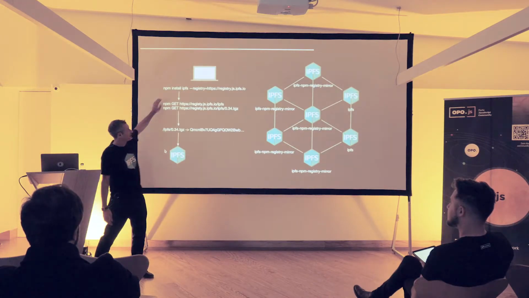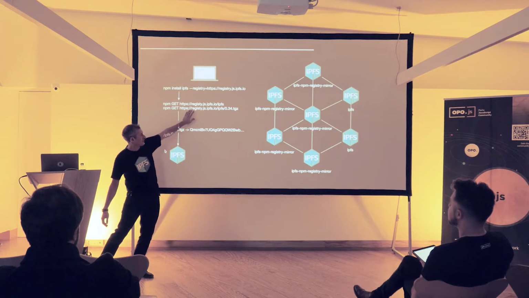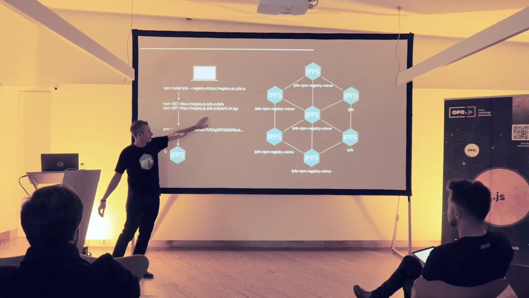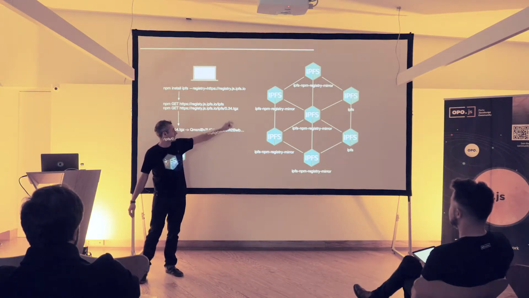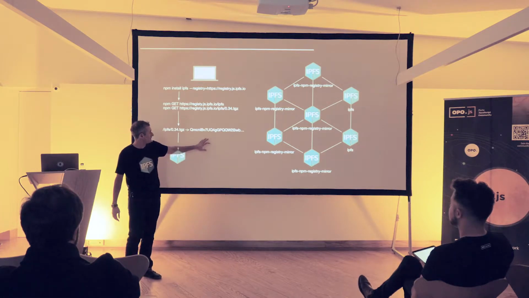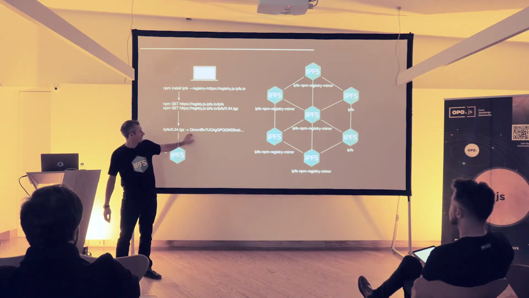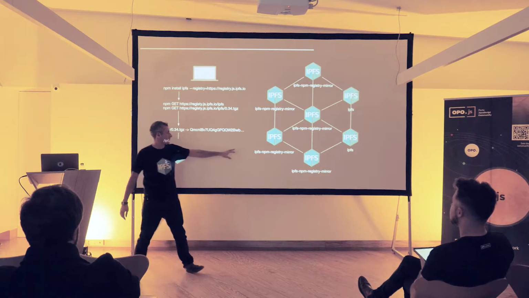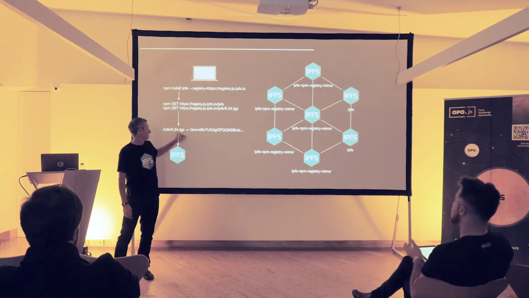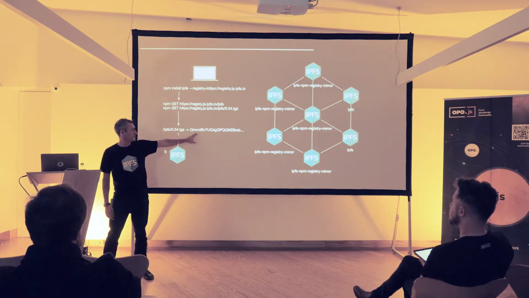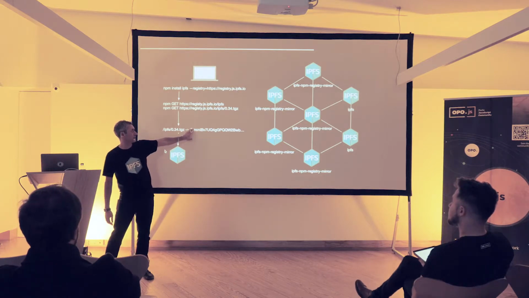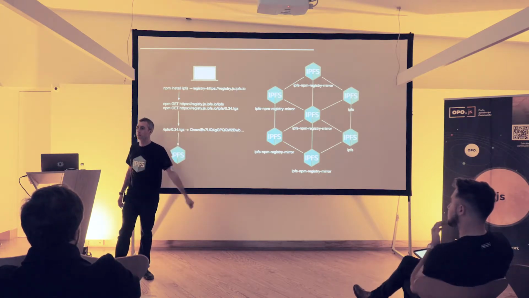So the user installs something, they make some requests for these URLs. Here we're installing the future tech version of IPFS, JS IPFS. And then one of these registry mirrors will take this request for a tarball, turn it into a hash, and then use IPFS to fetch it from the network.